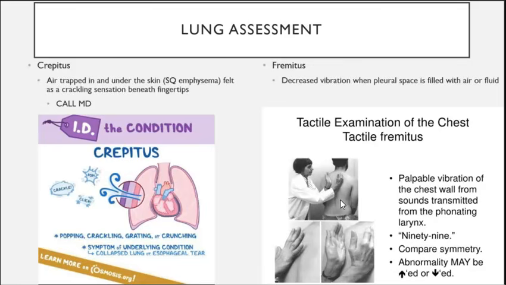However, if they have fluid buildup or air building up because of a collapsed lung or pneumothorax, they can no longer say 99, or they're saying it and there is no vibration. That means that there's something trapped in there. They don't have the ability to have that vibration. So that would be an important finding.